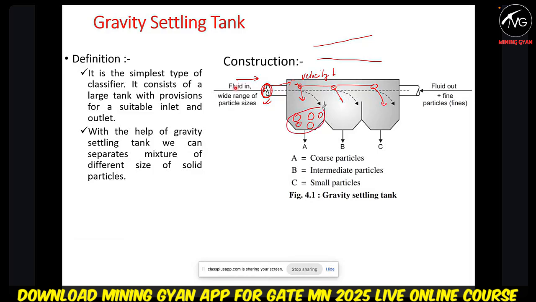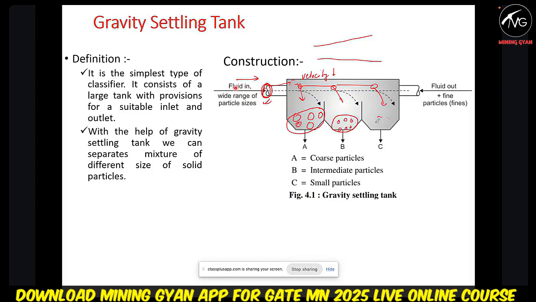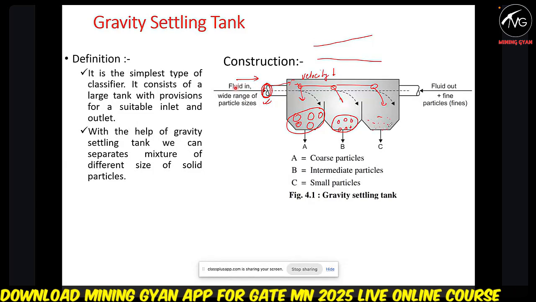So coarse particles will fall here, intermediate particles will fall down here, and small particles will fall down here.